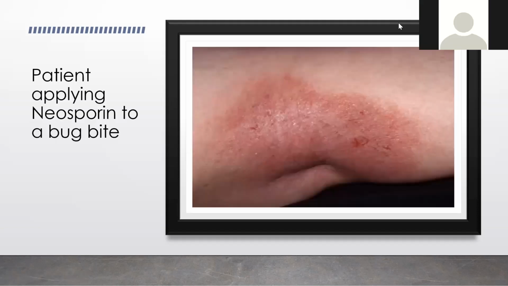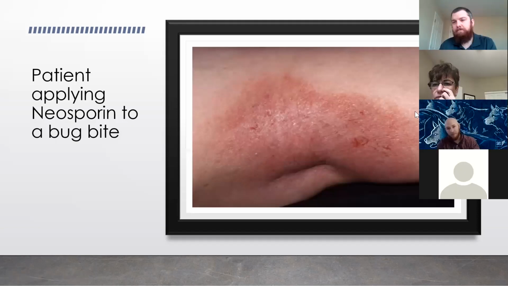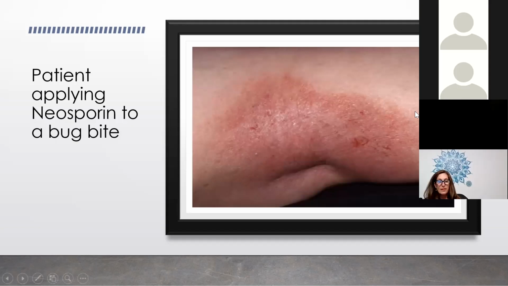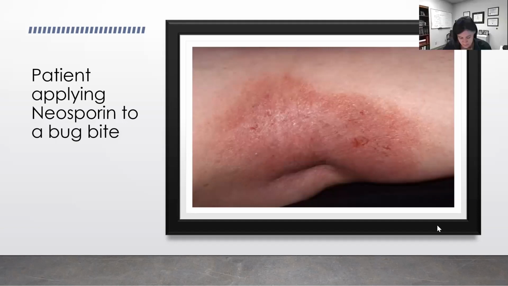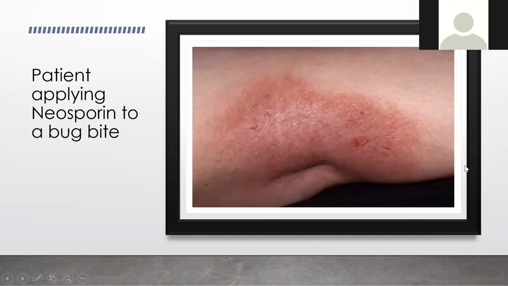All right, patient applying Neosporin to a bug bite. Is this just a regular bacterial infection? I would say dermatitis. So this again is a contact dermatitis.